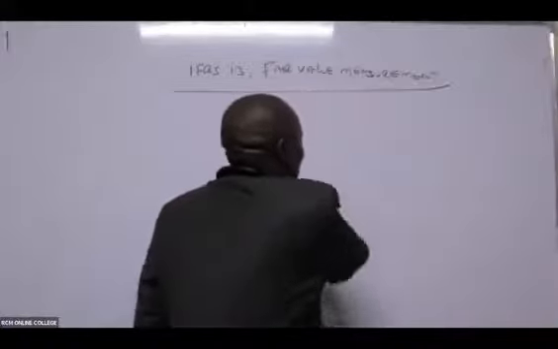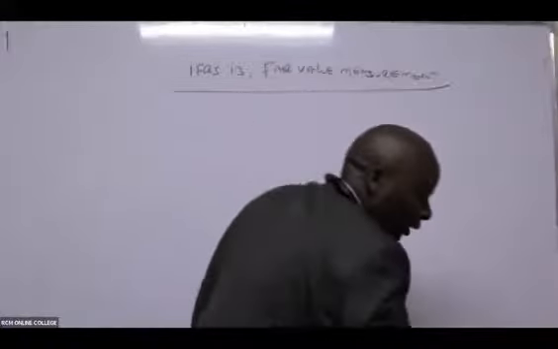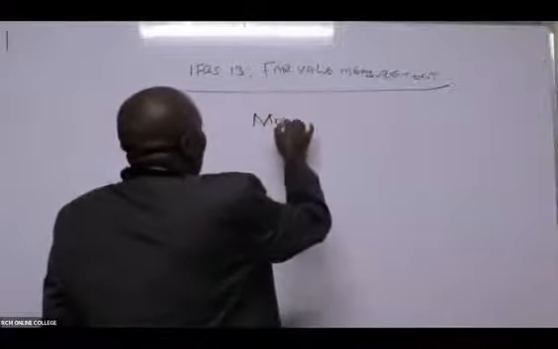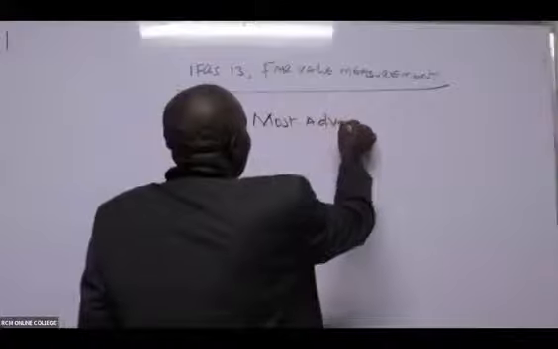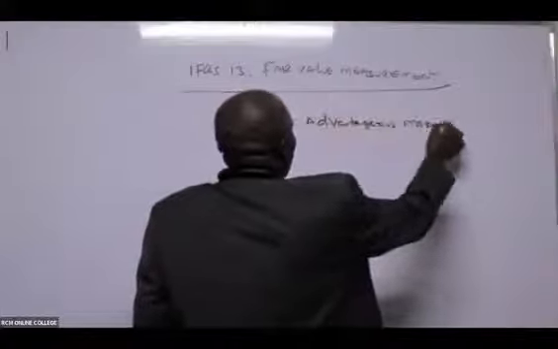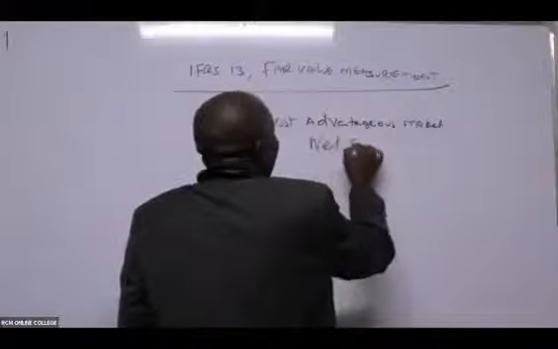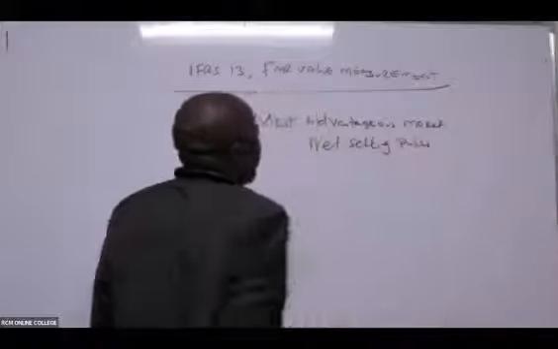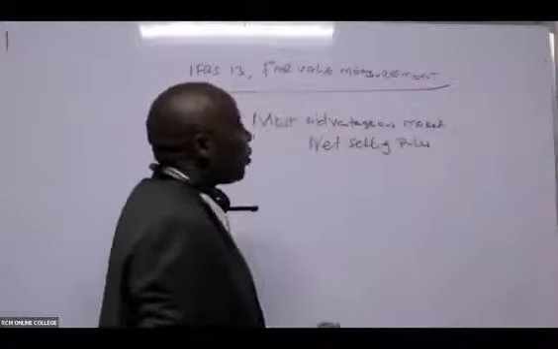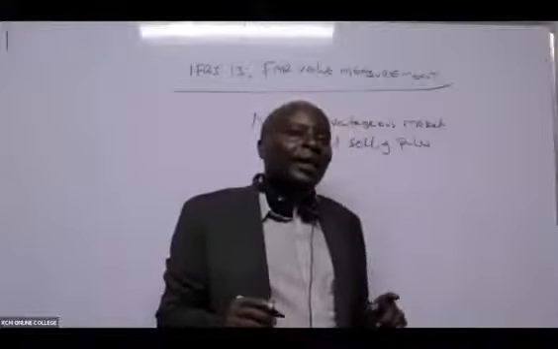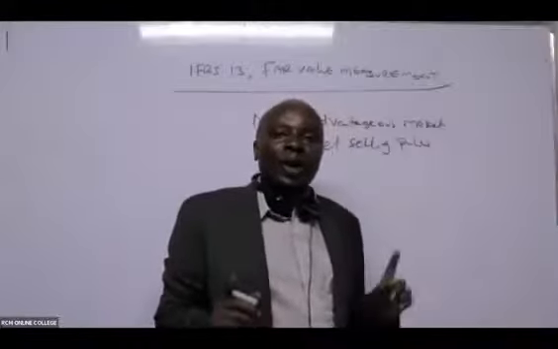To get the most advantageous market, you compare the net selling prices. When you are looking at the net selling prices, you are not going to disregard any cost, not even transaction cost.